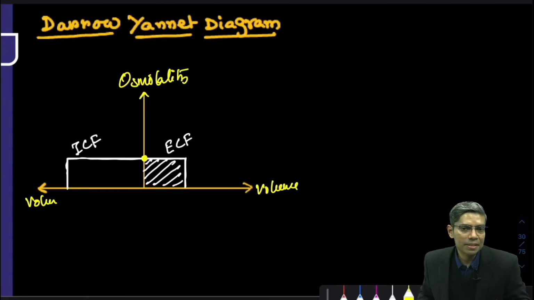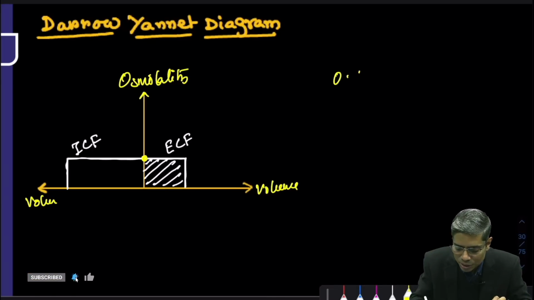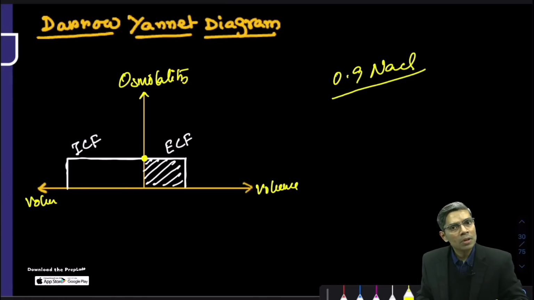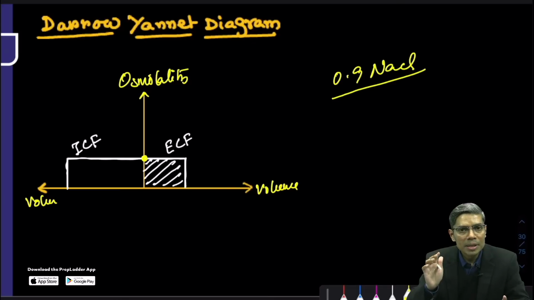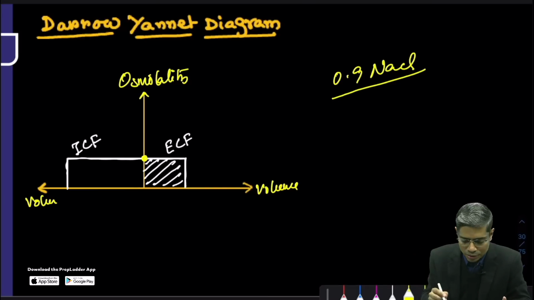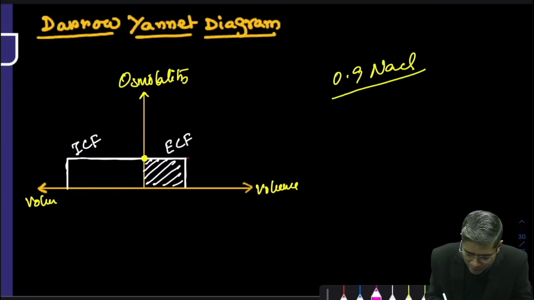Now in this picture, suppose you give an isotonic saline solution, a 0.9% NaCl infusion. You are giving this infusion directly into the blood, which means your ECF volume will increase. So this box will look like this.